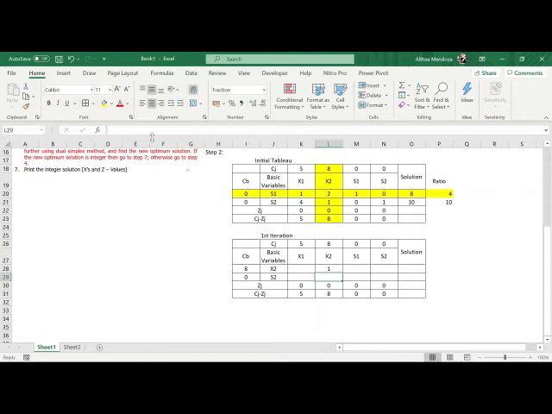Again, our row 1 formula would be, I'll place it here so you remember, row 1 over 2. I'll copy it across. Next, what would be our formula here?